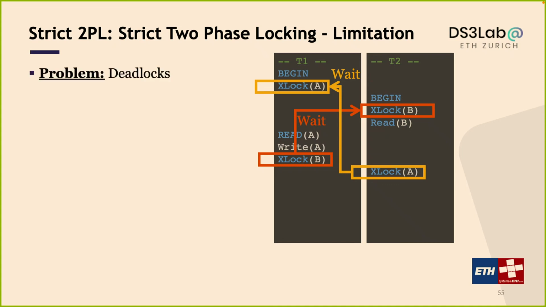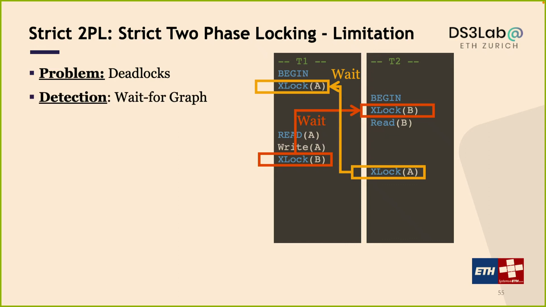So essentially at this point, they are waiting for each other and no one can make any progress because there's deadlock. When you implement strict two-phase locking, you could have deadlocks. And also with two-phase locking, you could have deadlocks, right? So you could have deadlocks in strict two-phase locking, where none of the transactions are able to make any progress.